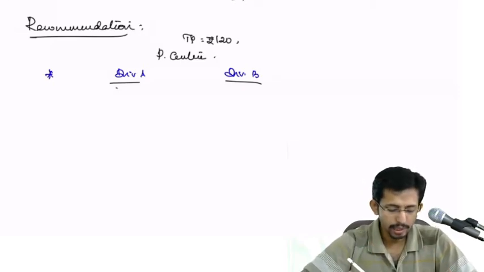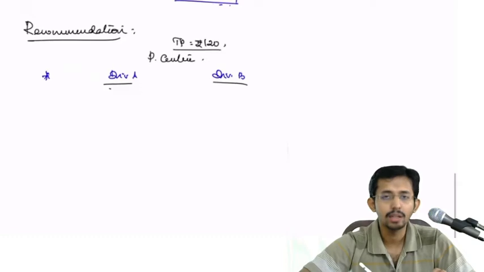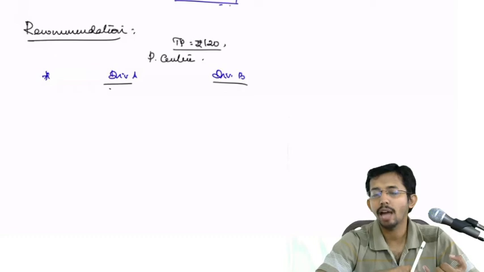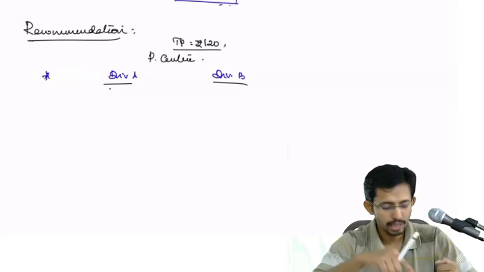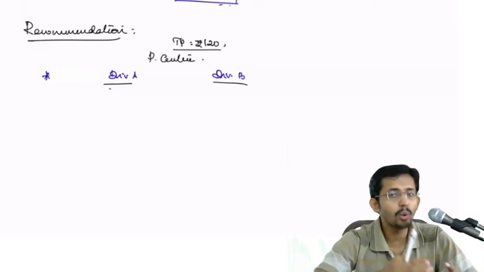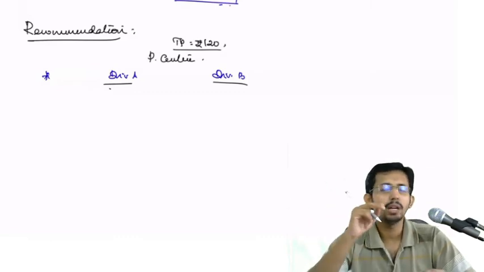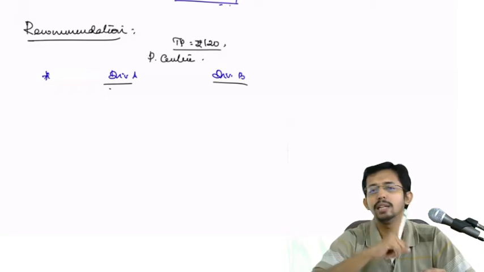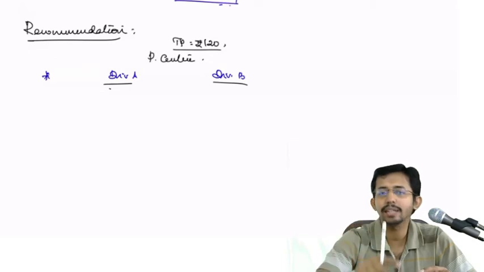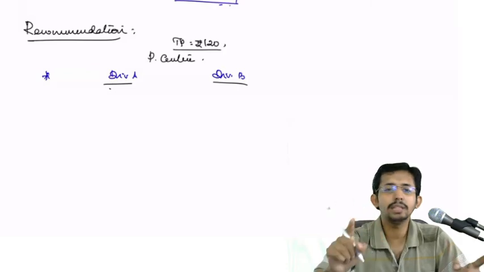Now the problem is, if TP is fixed at 120, the divisional manager of A will not be happy at this rate, because its divisional contribution is falling down, and also the ROI is falling down. Due to these reasons, the divisional manager of division A will not agree for the internal transfer, though it is beneficial for division B. Division B manager will be happy for the internal transfer, but as long as division A manager does not agree, the internal transfer will not happen, because there is autonomy for both the division managers.